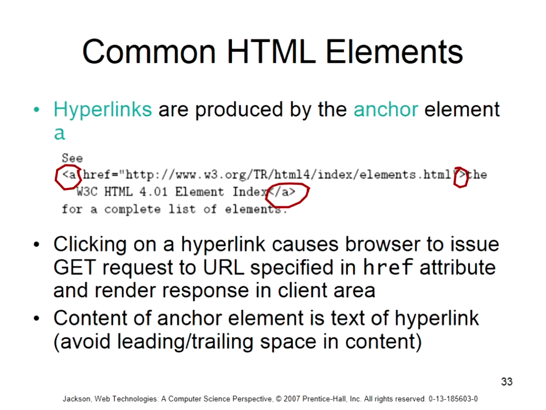Okay, so for hyperlinks we use the anchor element A, and clicking on a hyperlink causes the browser to issue a GET request to the URL specified in the href attribute and render the response in the client area. So there are two types of hyperlinks.